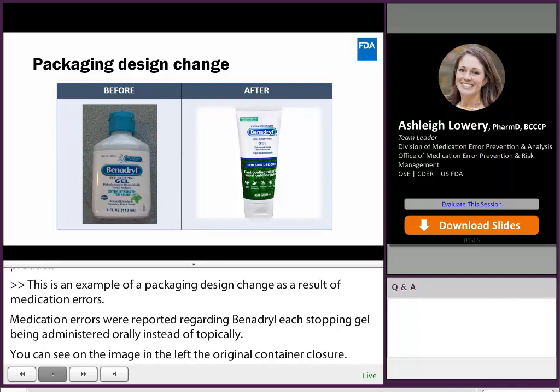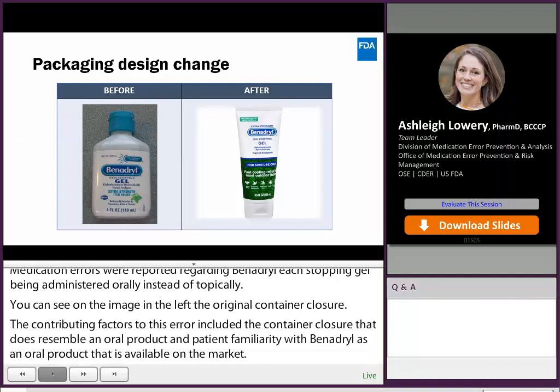In addition, the product has a low viscosity that does not lead someone to immediately believe that it should be applied topically. These errors resulted in serious adverse reactions and some requiring hospitalization.